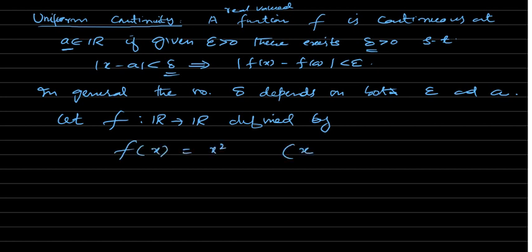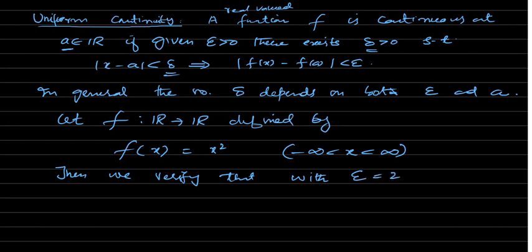Clearly minus infinity less than x less than infinity, because x is in R. Then we verify that with epsilon equal to 2, we have mod of x minus a less than 1 by 2 implies mod of f of x minus f of a less than 2. So 2 is our epsilon.